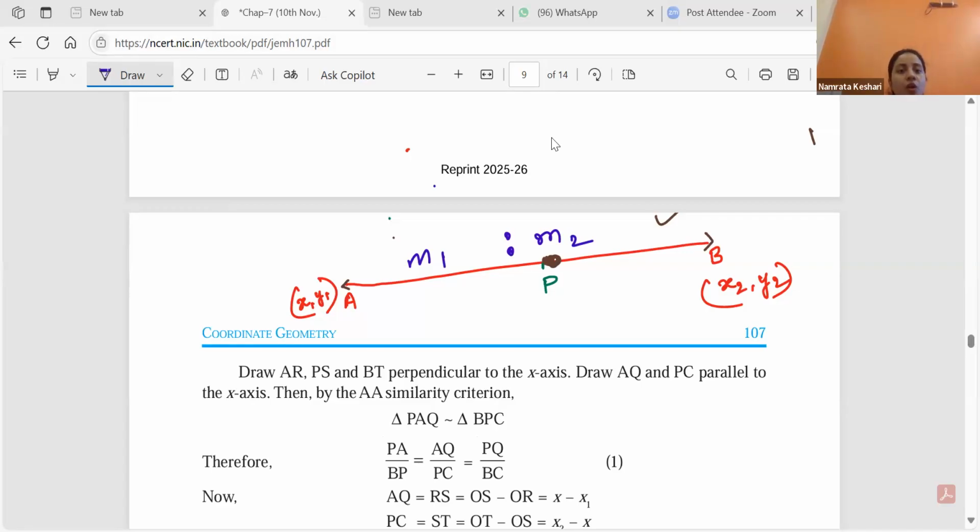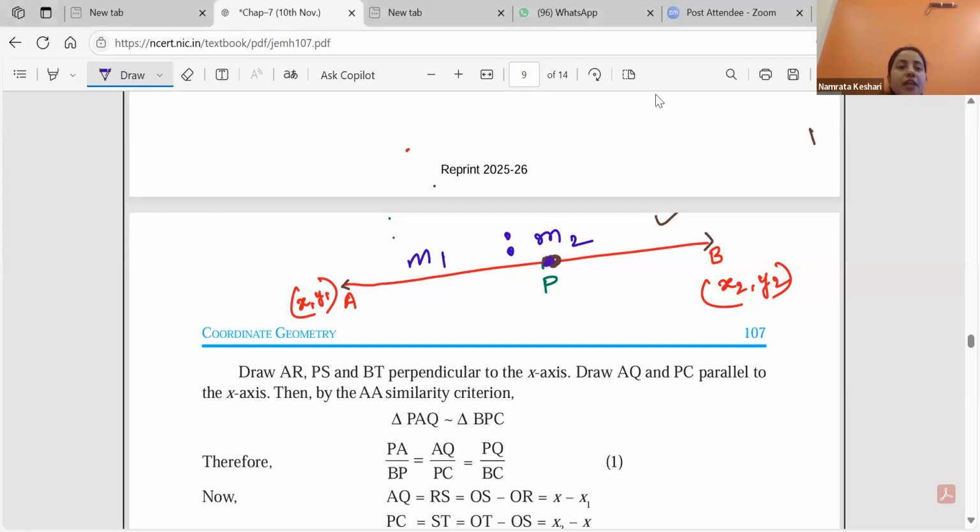Let's continue. So if this point P is dividing the line in the ratio m1:m2, then the coordinate of P we can find by using the section formula. We got this formula from coordinate geometry by taking many concepts in consideration, but actually you need to know how to use the formula.